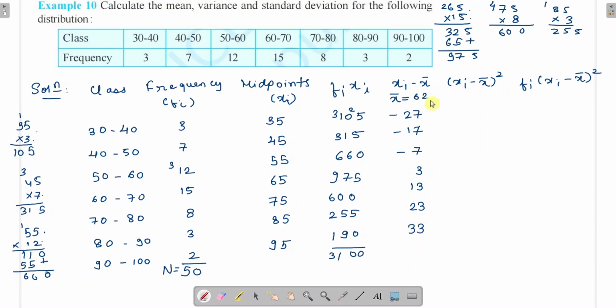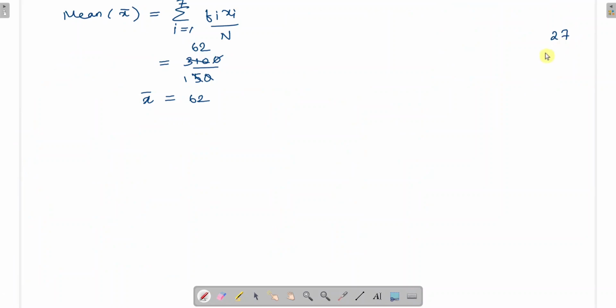Then we have to square this. Minus 27 square we have to do. So 27 times 27. 7 times 7 is 49. 7 times 2 is 14 plus 4 is 18. 2 times 7 is 14. 2 times 2 is 4 plus 1 is 5.